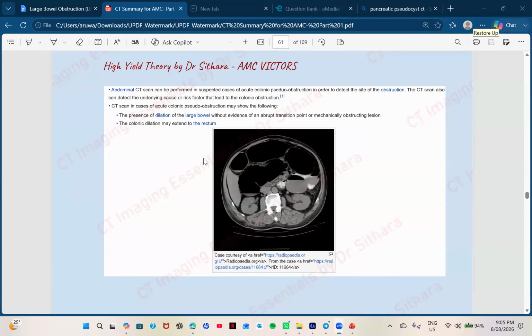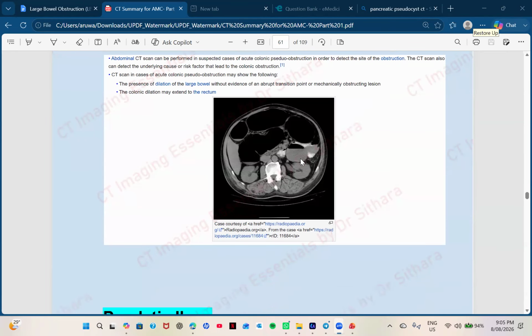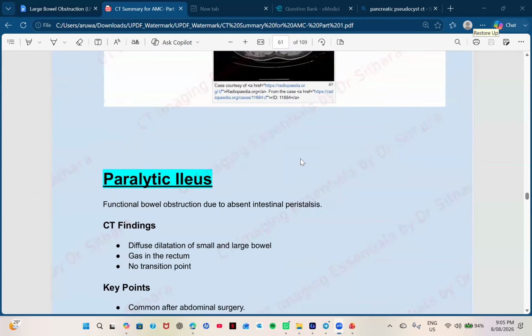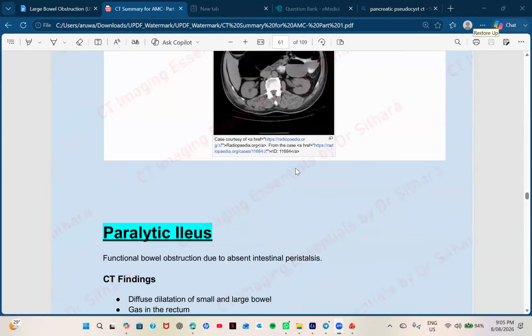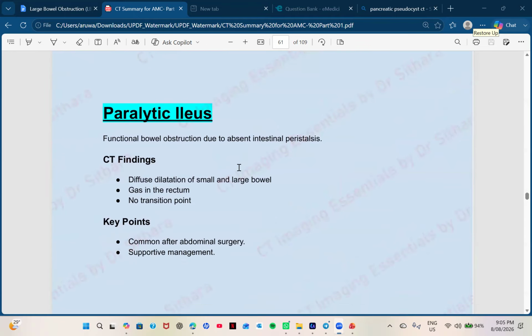This chronic dilation may extend to the rectum, right? Hugely dilated, right? Paralytic ileus: Ogilvie syndrome is associated with the large bowel only, but paralytic ileus can be associated with the small bowel or large bowel, right? So yeah, here also there is no transition.